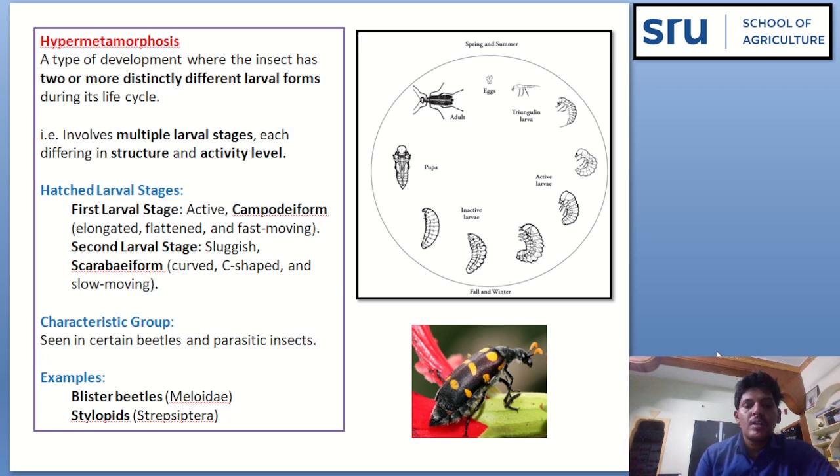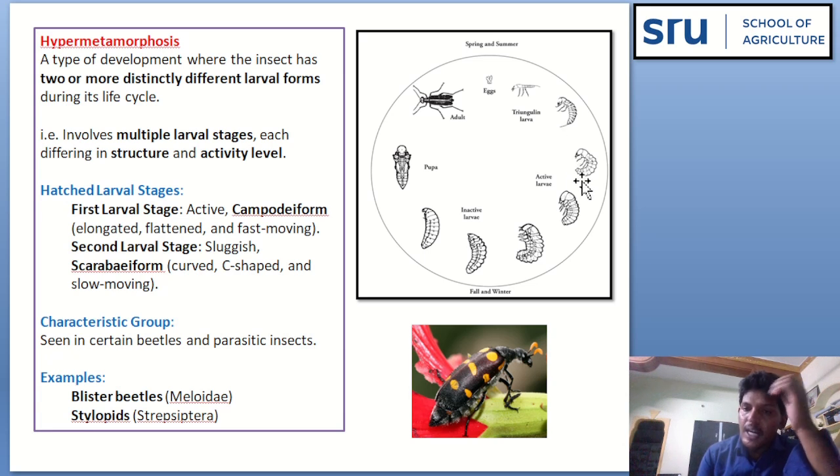Hypermetamorphosis. See here, this is the adult stage, next one is the egg stage, and these are the larvae of one kind, and these are the larvae of another kind. That is, the first larval stage is active campodeiform, that is elongated, flattened and fast moving larvae.